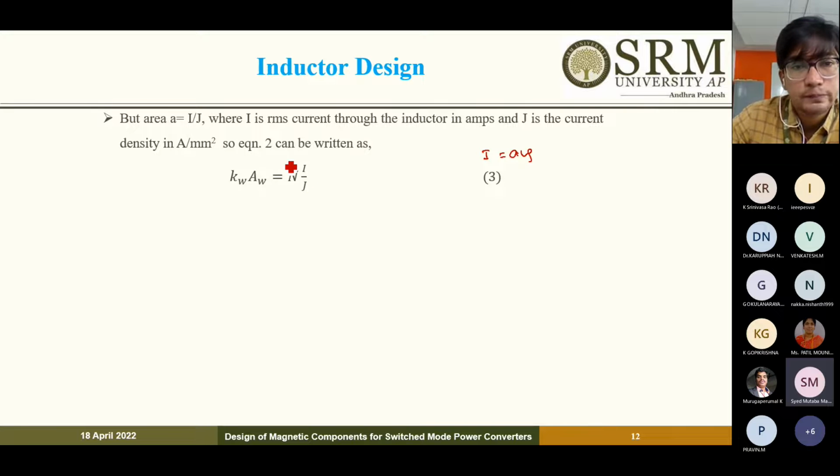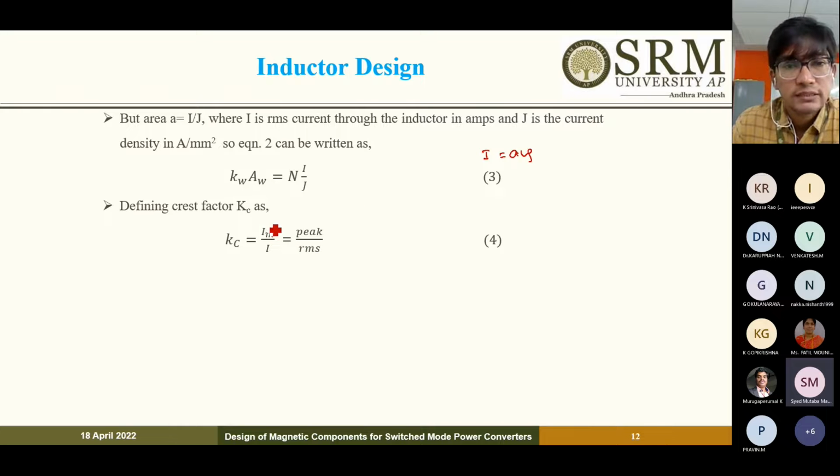Once we substitute this, we need to define the crest factor, or core utilization factor. The crest factor is the maximum value by RMS value, that is, the peak value by RMS value. So I is the RMS. Usually we calculate this crest factor depending on the nature of the inductor current. So Kc will be Im by I, that is, peak current by RMS current.